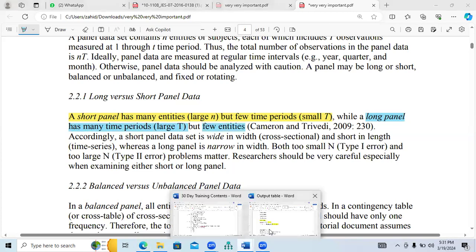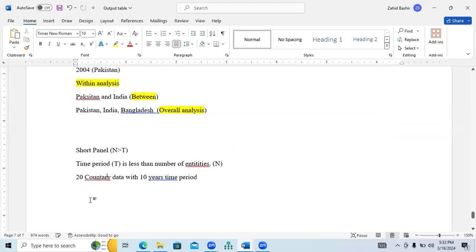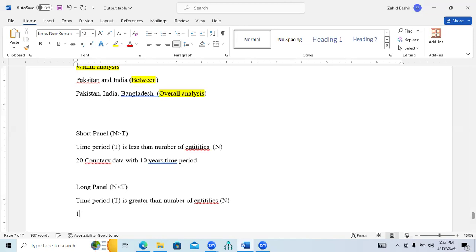So in case of long panel, you may have N less than T. It means time period T is greater than the number of entities N. So we may have 10 country data with 20 years time period. This is considered a long panel.